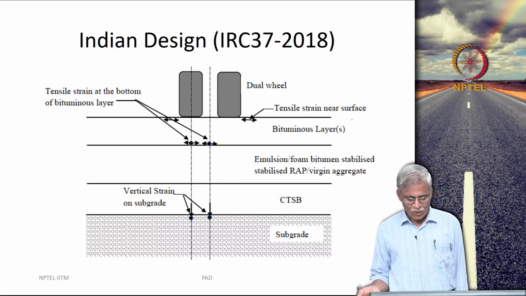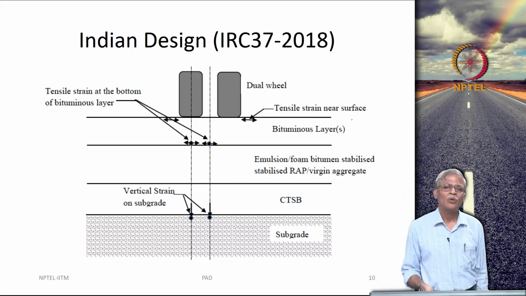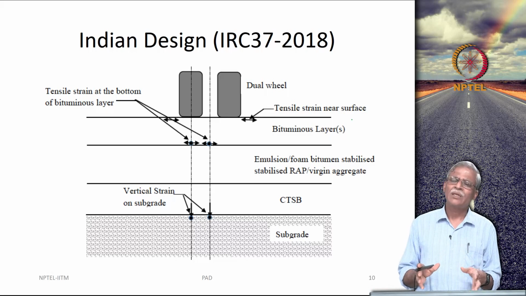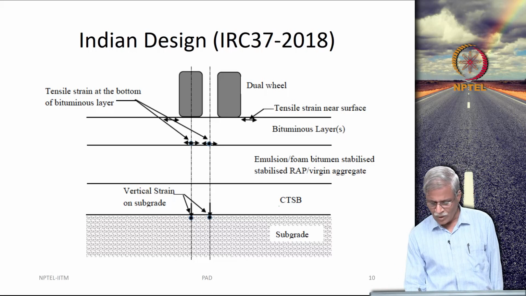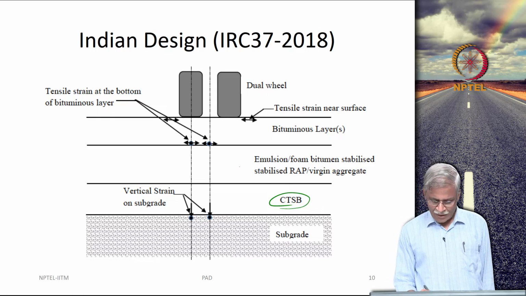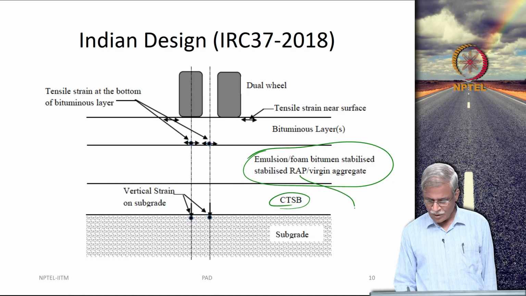Then in addition to that, there is also one more cross section which we will be discussing as we go along. It is about what is really called cement treated subbase, and this is the foam stabilized, or so, this is your reclaimed material.